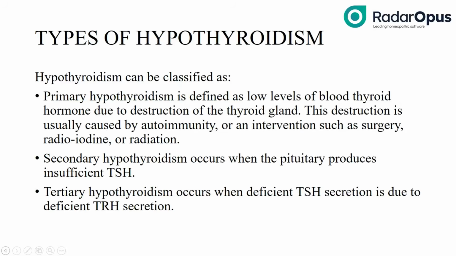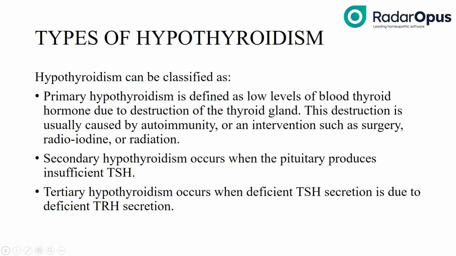So in the case of hypothyroidism, the T3 and T4 are not produced properly by the thyroid gland due to the defect in the thyroid gland.